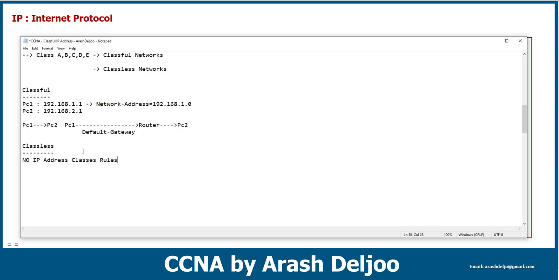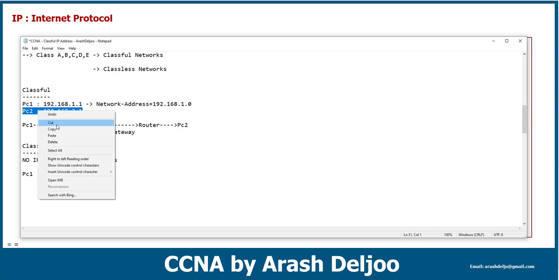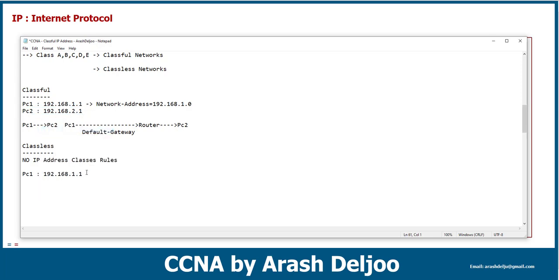Okay, this is good. But the question now is: how can PC1 understand whether PC2 is residing in the PC1 network or not? Again, we have a question and we need to answer it.